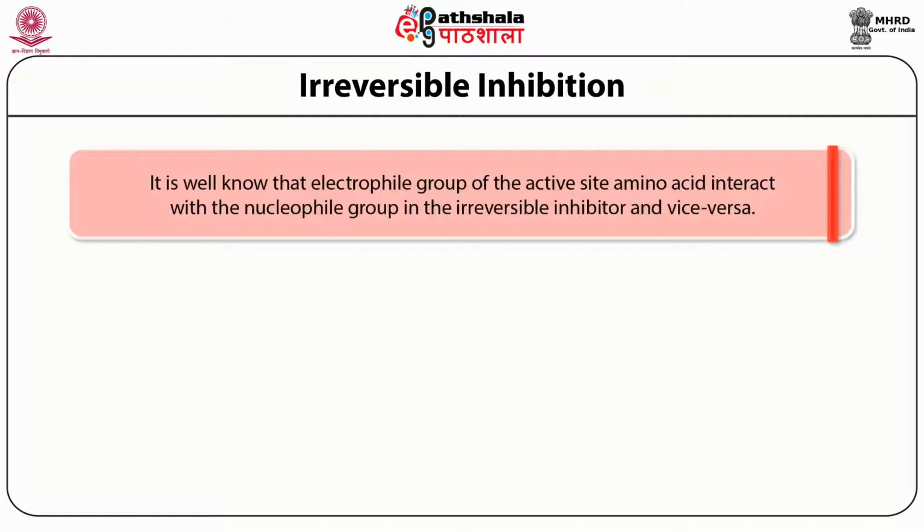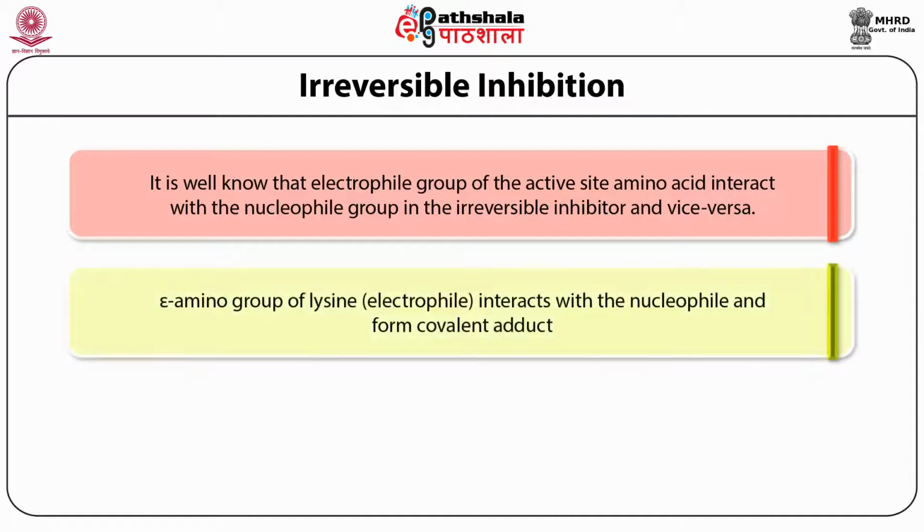It is known that active site residues have a side chain which is either electrophile or nucleophile. So if the side chain of the active site is electrophile, then it will interact with nucleophile groups.